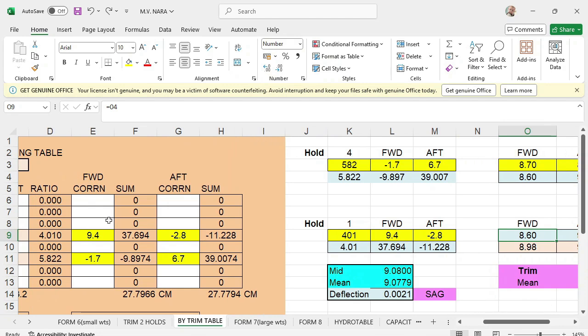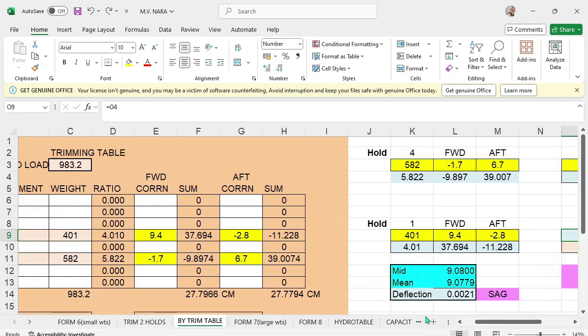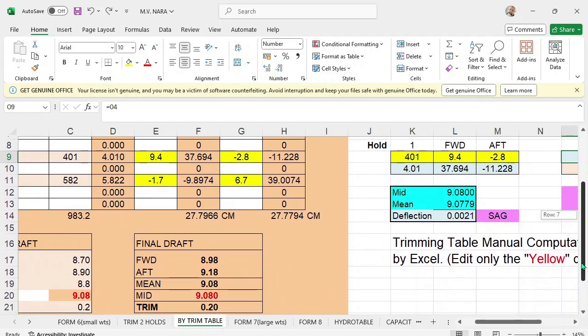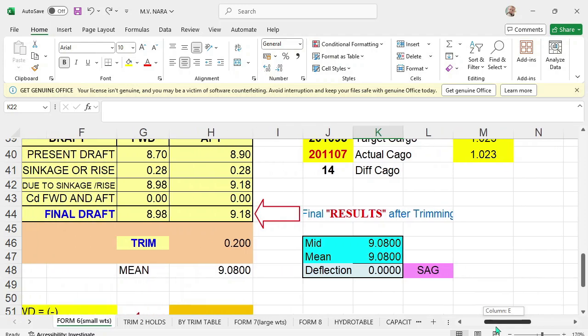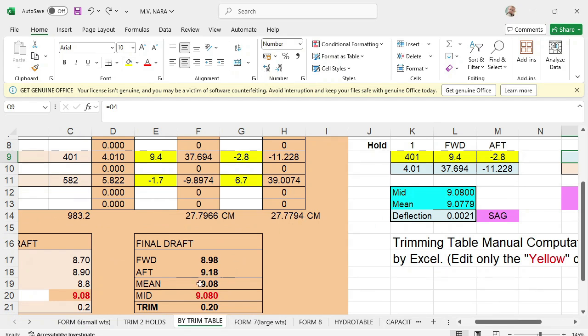Once you have adjusted the forward and up correction, your final departure drop forward will be 8.98, which is this one. Up will be 9.18, your mean is 9.08, you have a trim of 20 centimeters, then you have a 0 deflection.